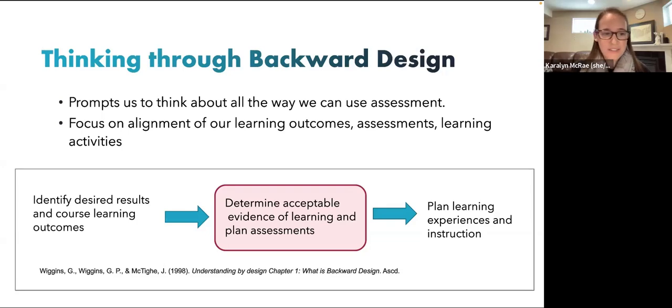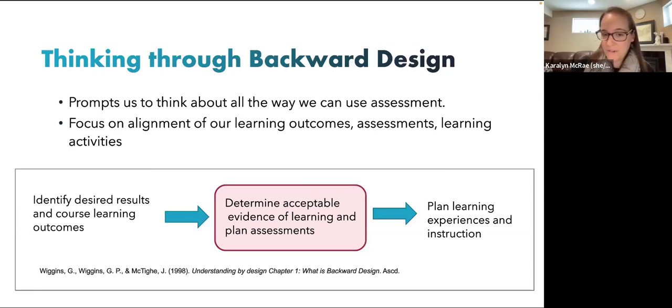So an example here is if one of our course learning outcomes is about getting students to compare concepts or critique some concepts, I think my final activity or one of my assessments should be an essay for them to do that. Some of my learning activities throughout the term may be really setting students up to be able to do that.